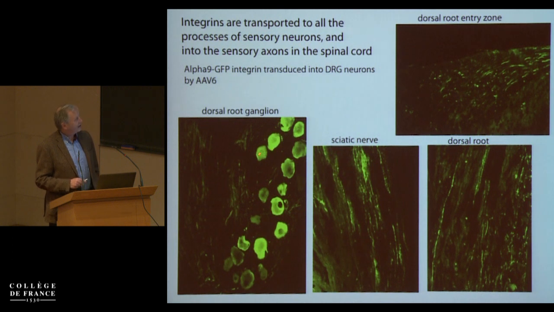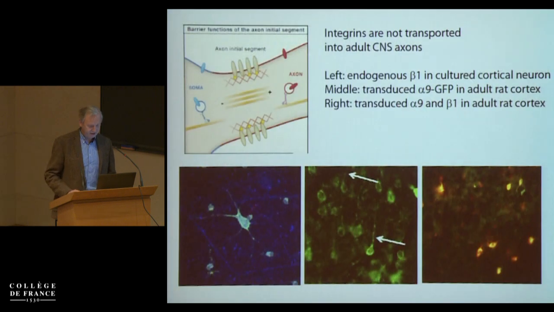These are sensory, good regenerating neurons, good regenerating axons, filled with an integrin using a virus. And you can see that the integrin is expressed in the cell bodies, and it's transported beautifully into the peripheral nerve, the sciatic nerve. It's transported into the dorsal root. It's transported into the spinal cord. So the integrin, in this case, will distribute to all the processes of this neuron.